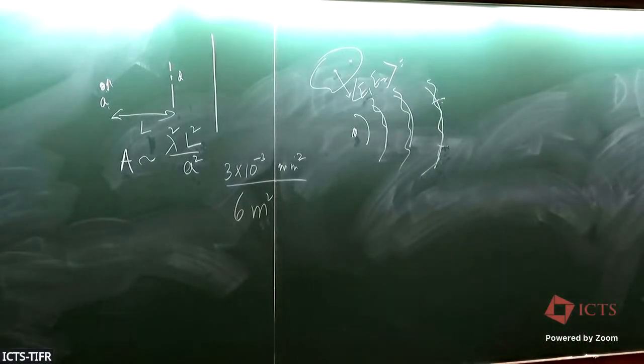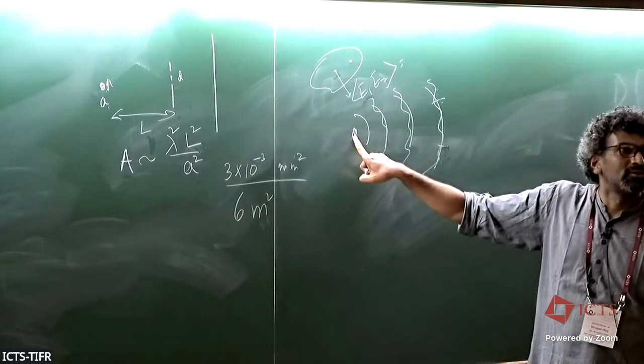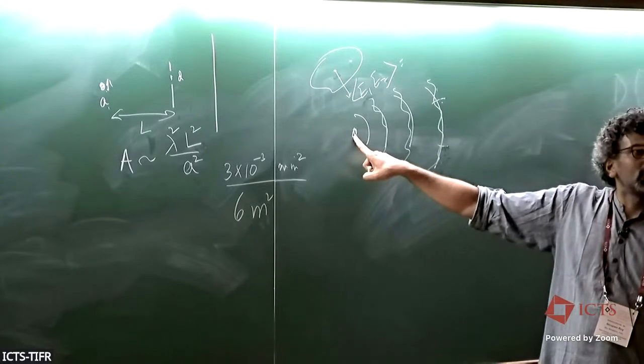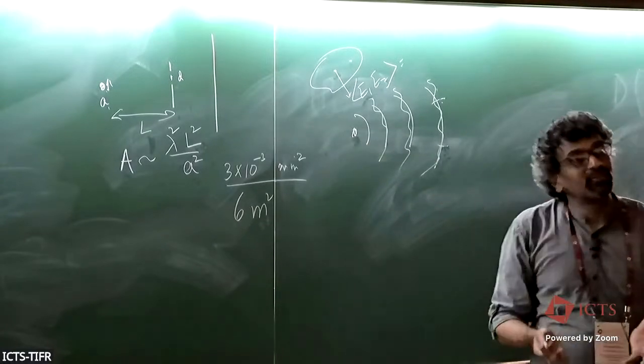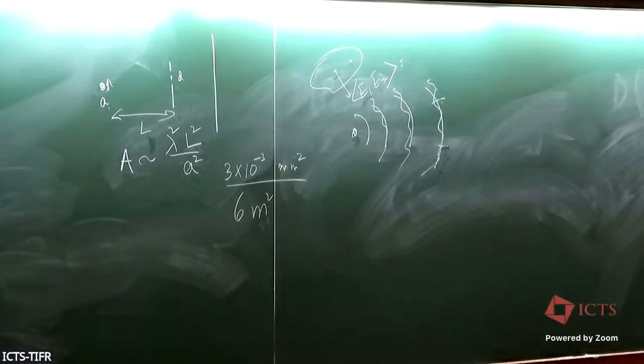So think about it from the point of view of whether a source is an unresolved source or not. When I say it's an unresolved source, I'm talking about some baselines where it is unresolved. If I go to this baseline, it may become resolved. Here it is unresolved because up to this spatial separation, its electric fields are correlated.